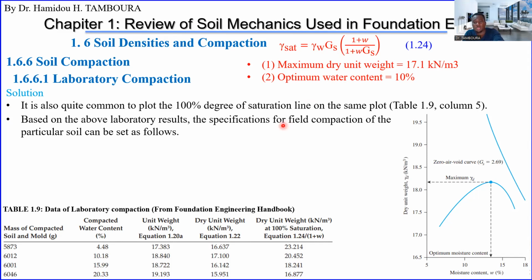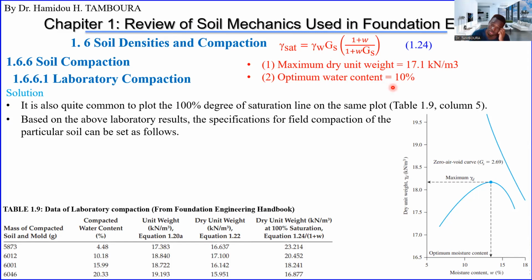Based on the result of the lab test, the maximum dry unit weight and the optimum water content, you can now give the specification for the field test.